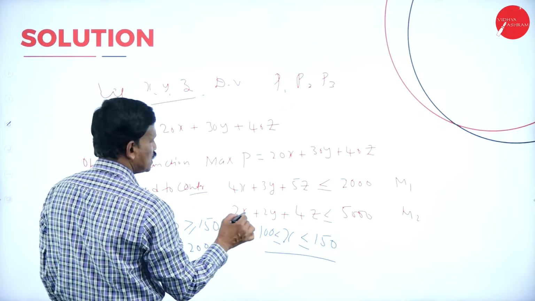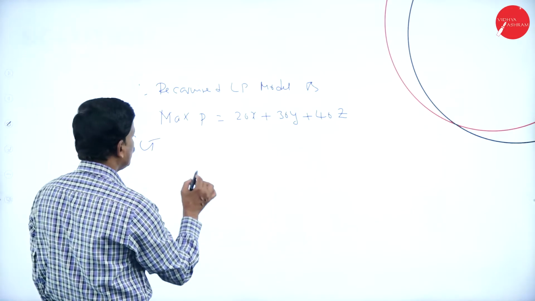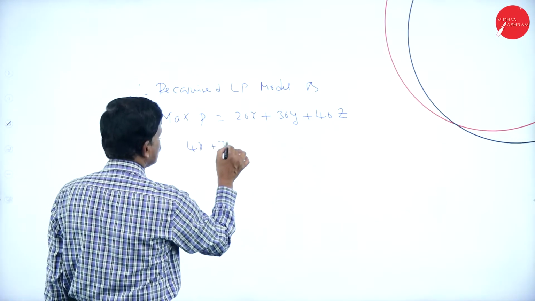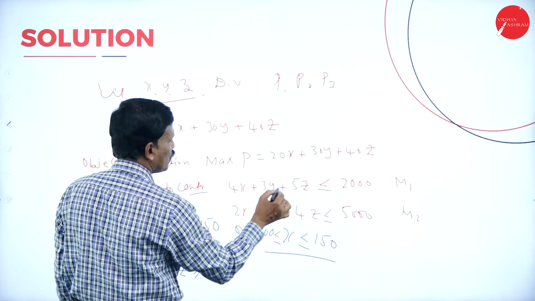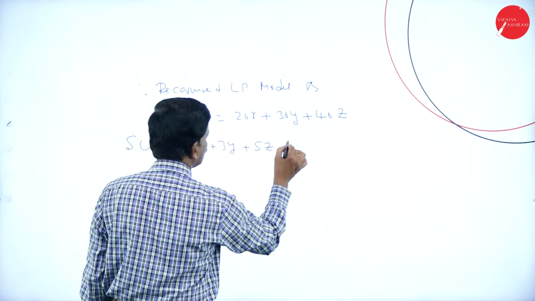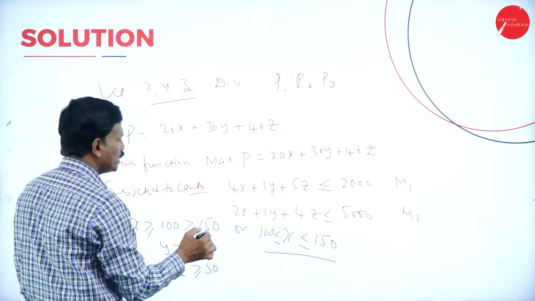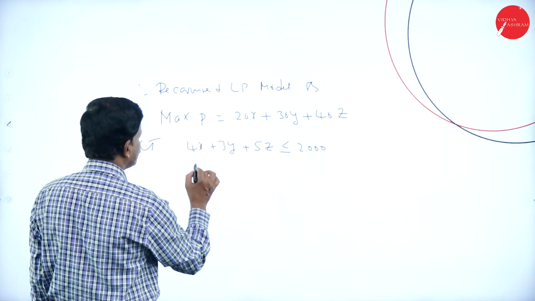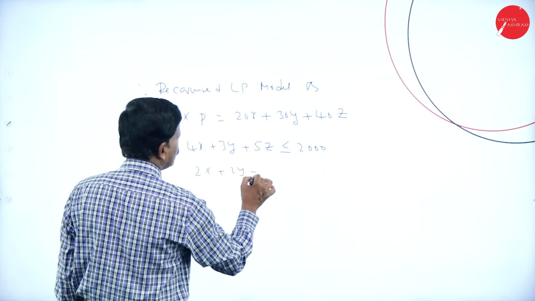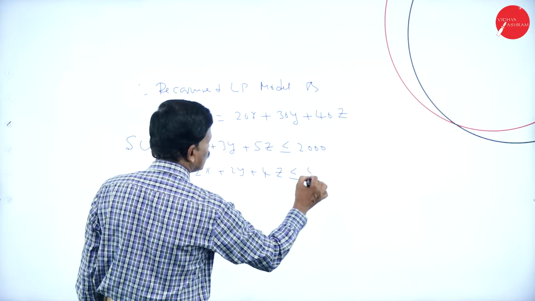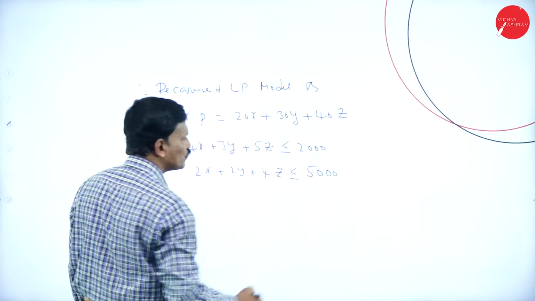What are the constraints here? 4x plus 3y plus 5z is less than or equal to 2000, and the second equation, 2x plus 2y plus 4z is less than or equal to 5000.